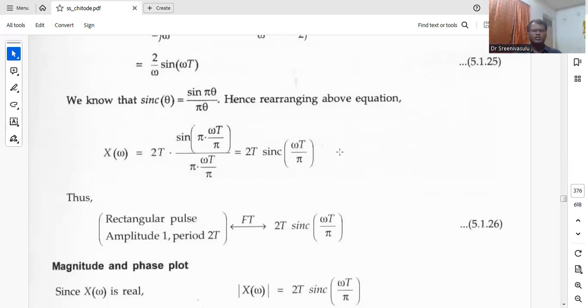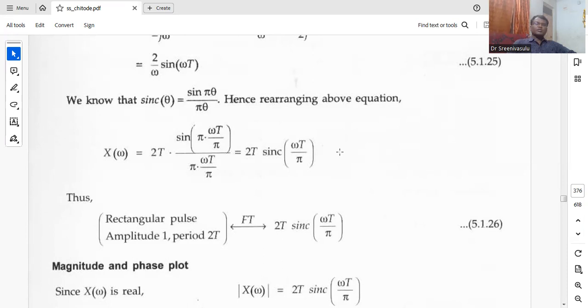Now if you change this sin omega T into a sinc function, sinc of theta is equal to sin pi theta by pi theta. So here this omega T is rearranged like sin pi theta by pi theta.